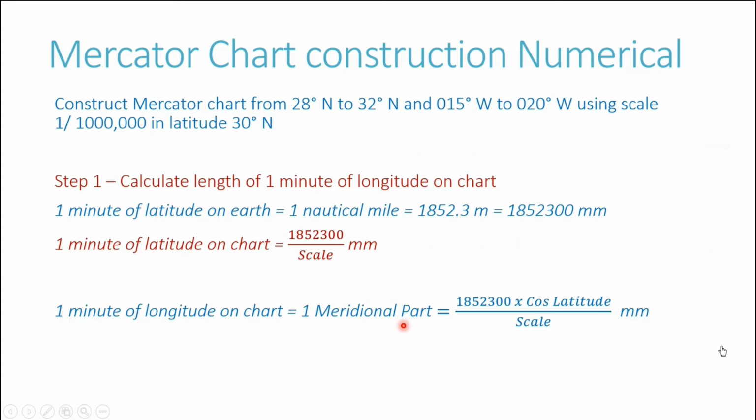So every part is 1 minute of longitude. Between any 2 degrees, let us say 000 and 001 meridian, there are 60 minutes of longitude. So it is divided into 60 small parts. Now this 1 minute of longitude is known as 1 meridional part. So using this, we can find out the length of 1 meridional part or 1 minute of longitude.